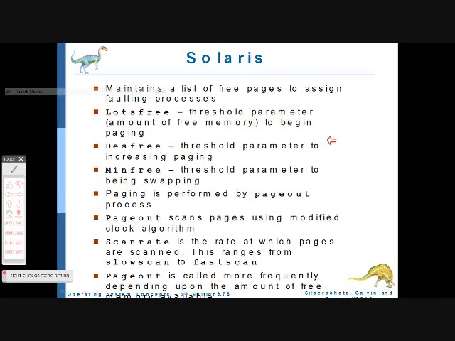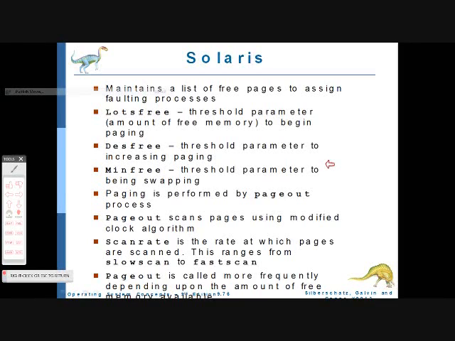The second is des free, the threshold parameter to increase paging. If the number of free pages moves below lots free, then the Solaris operating system begins to page out. If the number of free pages moves below des free threshold parameter, then Solaris operating system increases its page out.